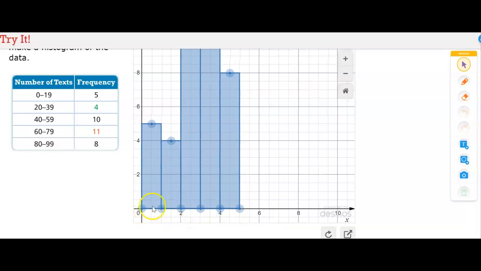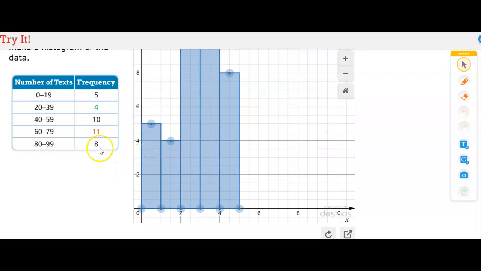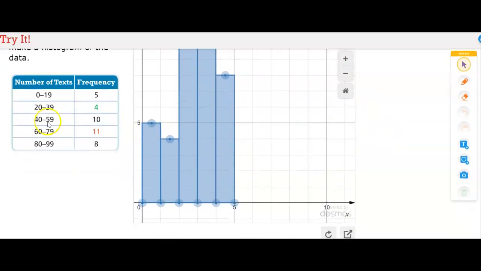The bottom of the histogram should have the intervals that we were referring to when creating the graph. Well, we made a histogram, but these intervals need to be written underneath the bars. It's not allowing me to do that, but that's what should be written underneath each of the bars.